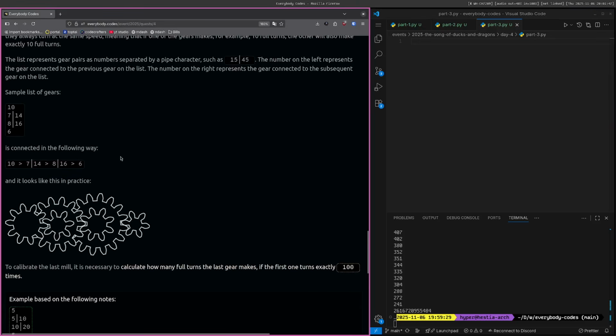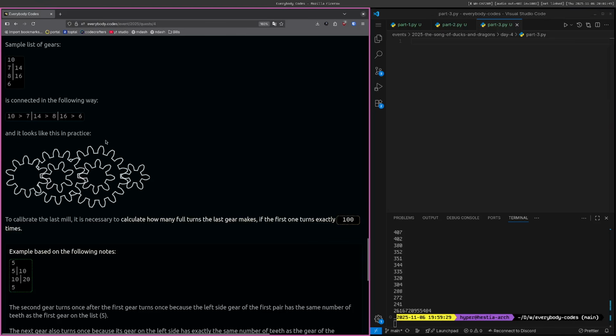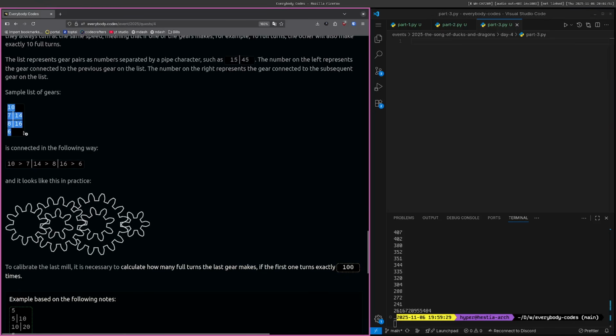So to take the input, what I found to make the most sense was to read the entire input as one string again, and then split it using the pipe.